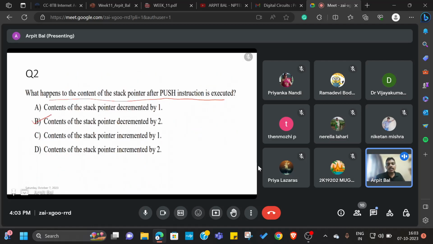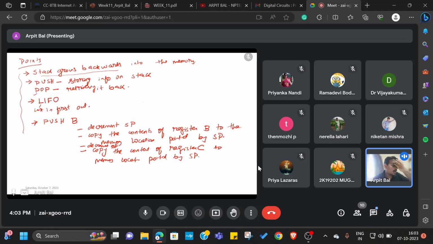The next question was related to the stack pointer. What happens to the stack pointer after a push instruction is executed? These are a few important points that should be noted down. The stack pointer grows backwards, and push and pop are the 2 instructions used for stack operation.